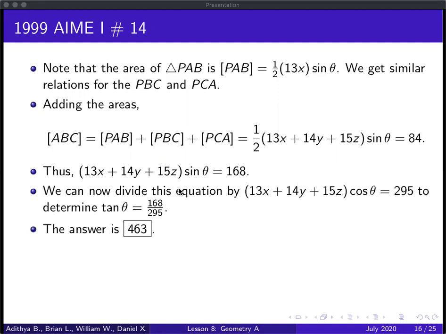So actually on the handout, there'll be a little bit more information about these points. They actually have a name. They're called Brocard points. And so there's a little bit more information on the handout. So does anyone have any questions?